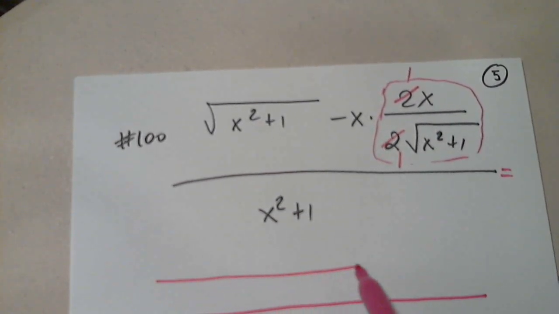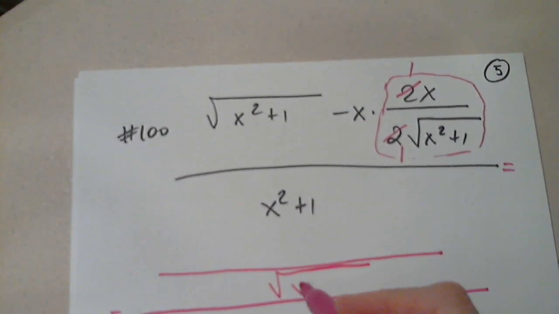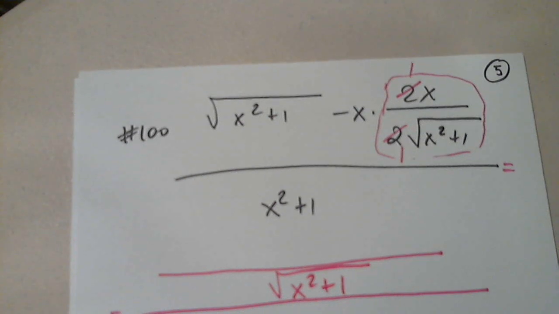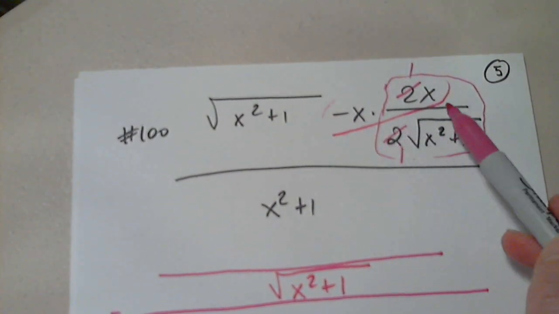What is the least common denominator? Well, I know you're going to say the square root of x squared plus 1 because there is only one denominator. There is nothing else. So this is x squared plus 1. This quantity obviously will be negative x squared.